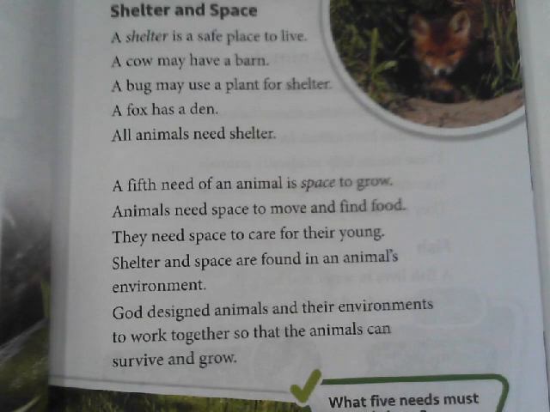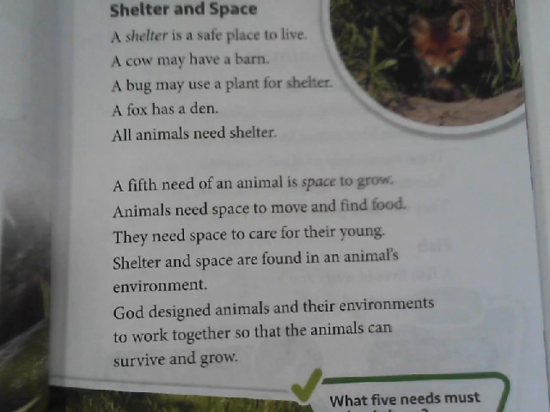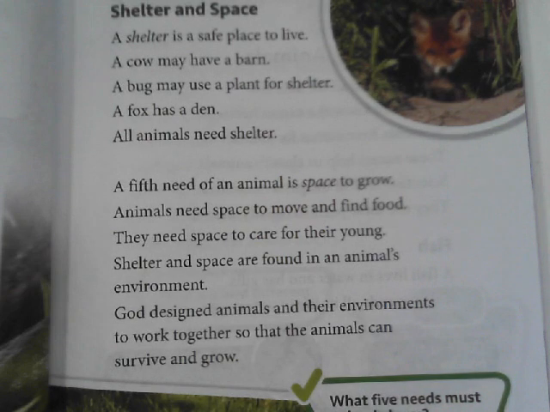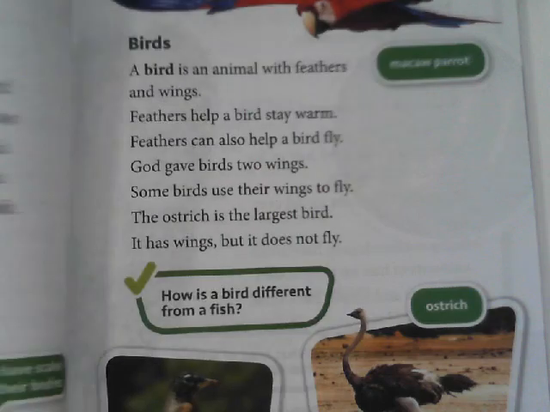They need space to care for their young. Shelter and space are found in an animal's environment. And God designed animals and their environments to work together so that the animals can survive and grow. Say air, water, food. Air, water, shelter, space. Good.